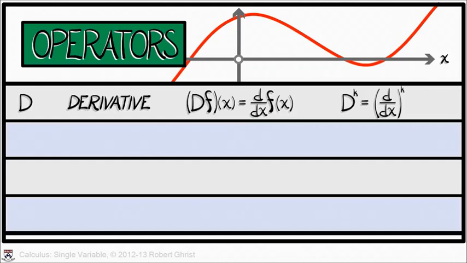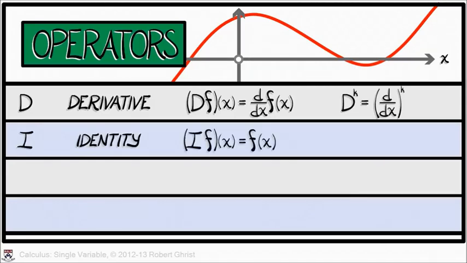D cubed is taking the third derivative. What is D to the 0? Well, that too has a name. It is called the identity operator and is given the special symbol I. The identity operator takes f and returns f. It does nothing. That is why it is called the identity. So D to the 0, the 0th derivative of f is, of course, f.